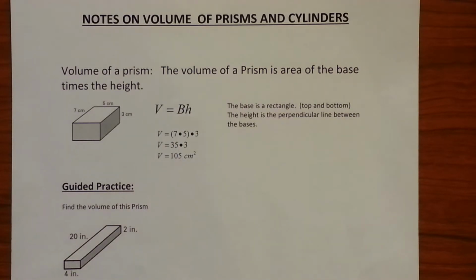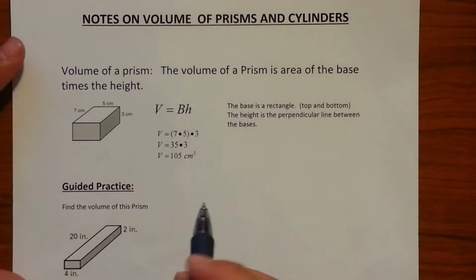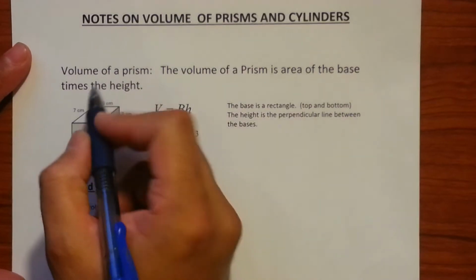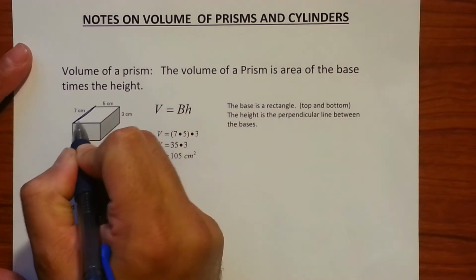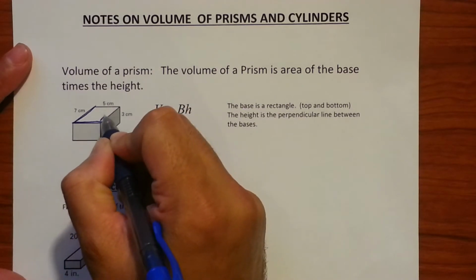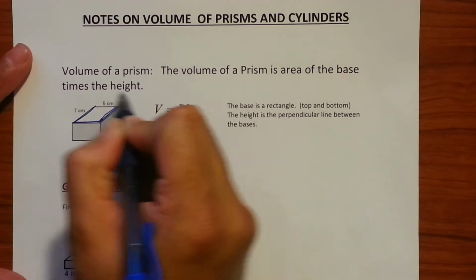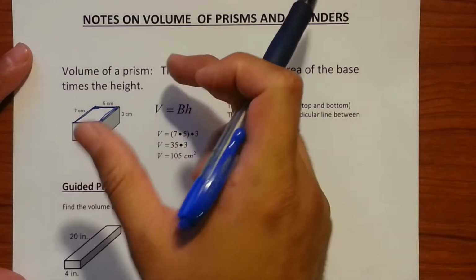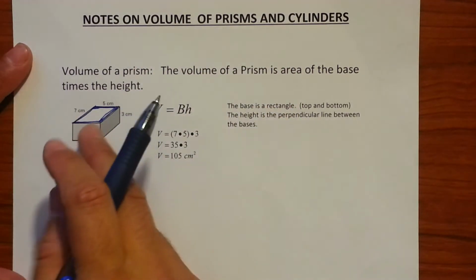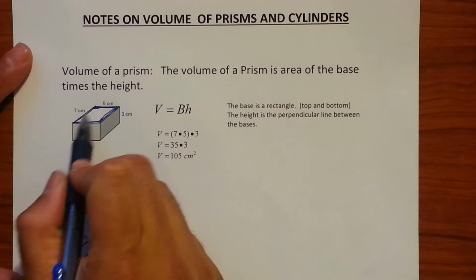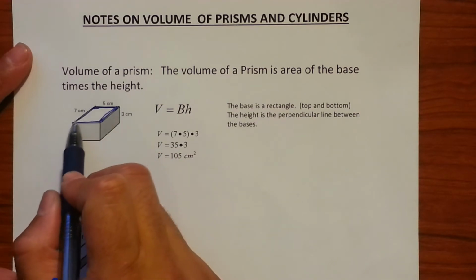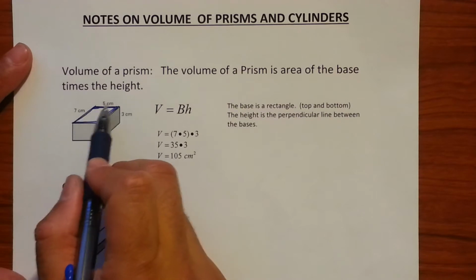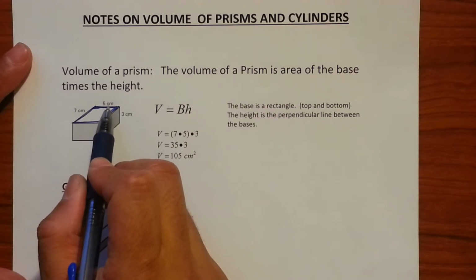So for this problem right here, this is already worked out. This top piece right here is going to be the big B. If I were to turn this to the side, I would look at it and say, alright, this piece is going to have a length of 7 and width of 5.